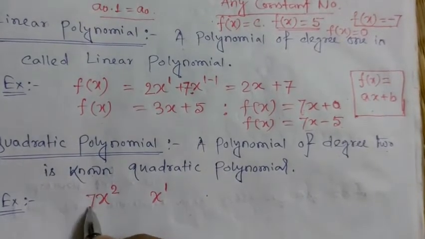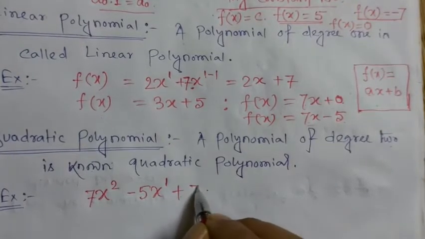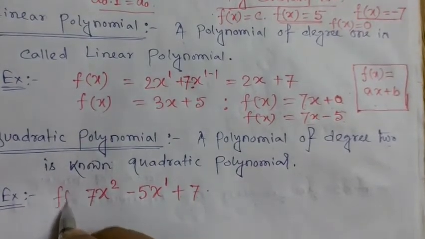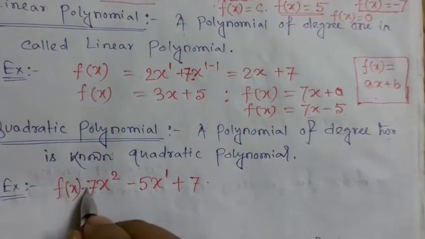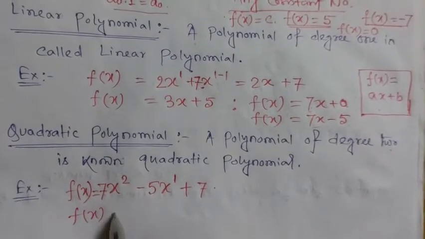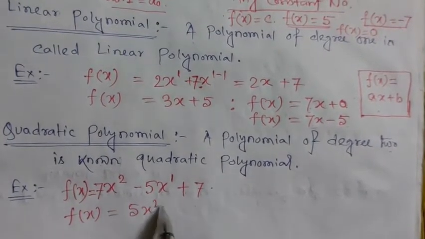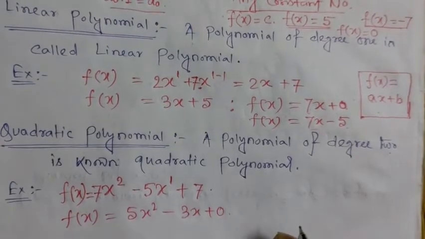So quadratic polynomial is 7x square minus 5x plus 7. Or you can write f(x) equal to 5x square minus 3x plus 0.